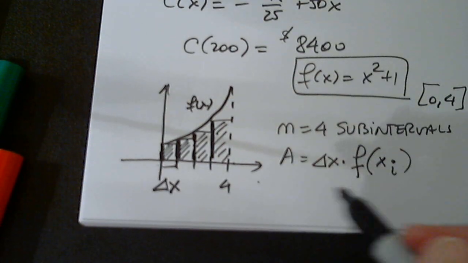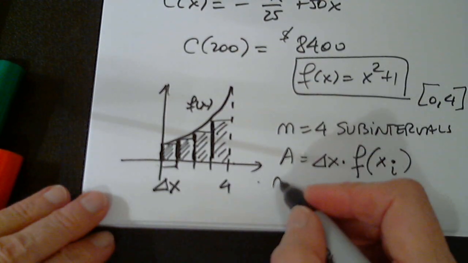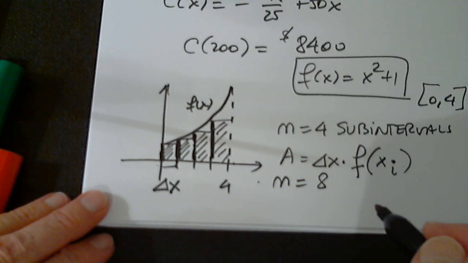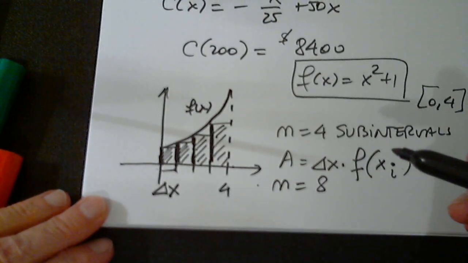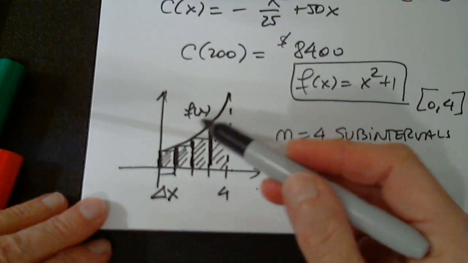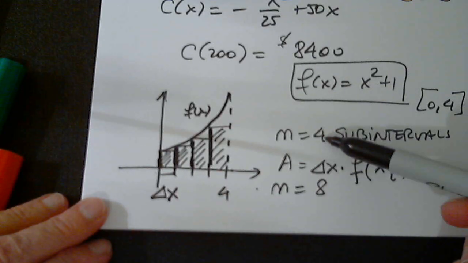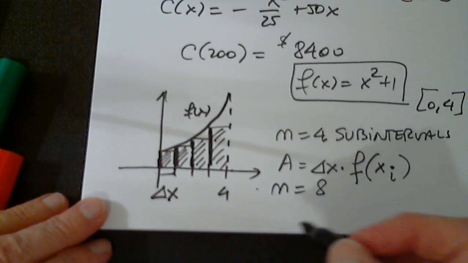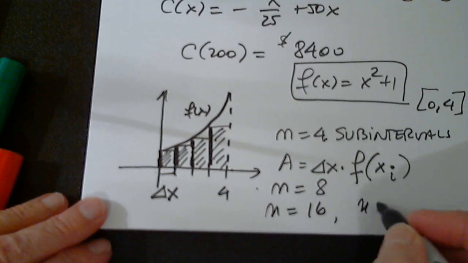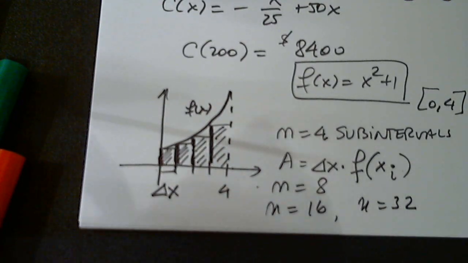Okay, 4 subintervals. What if I have now 8 subintervals? Do you think with 8, I will get a better approximation of the area than I obtained with 4? And then I'm going to ask, of course, what about 16? What about 32? So what happens when I increase the number of subintervals? Do I get a better estimate or not? What do you think?